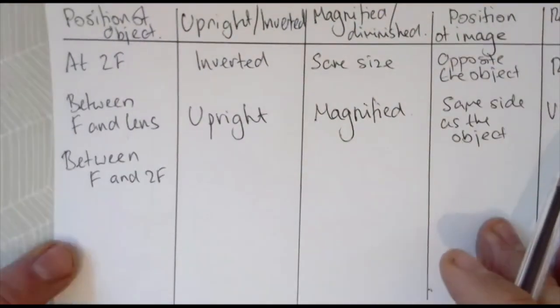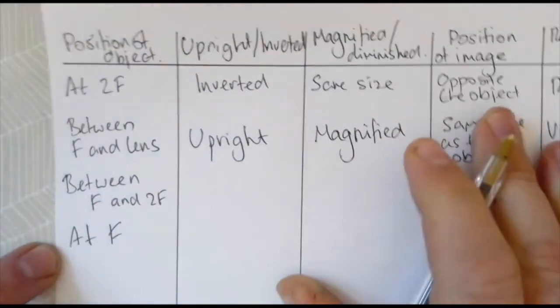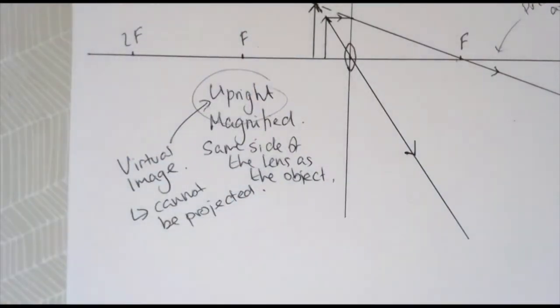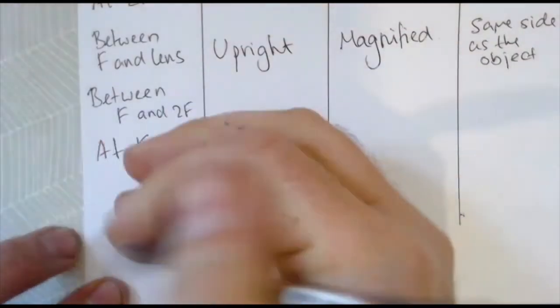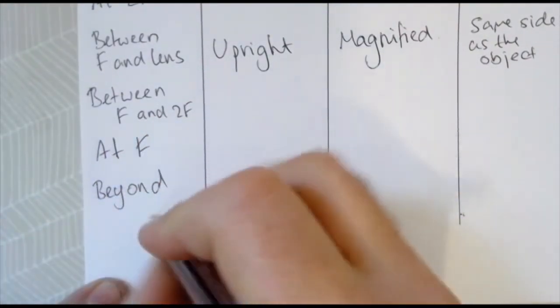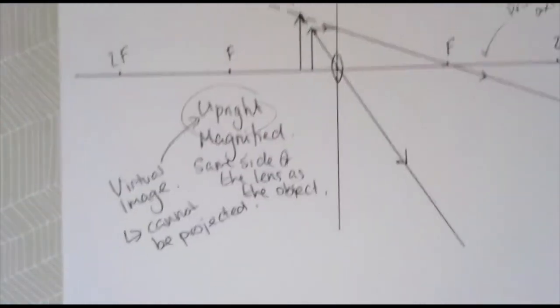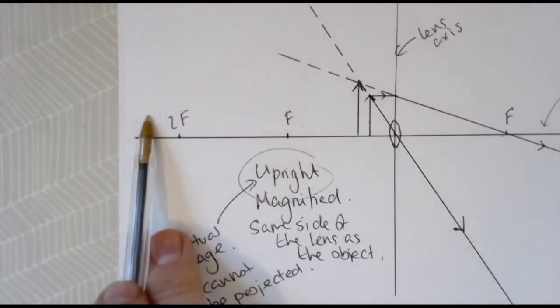I'd also like to see at f, so place it here, and then finally beyond 2f, so that means you're going to place it out over here somewhere.